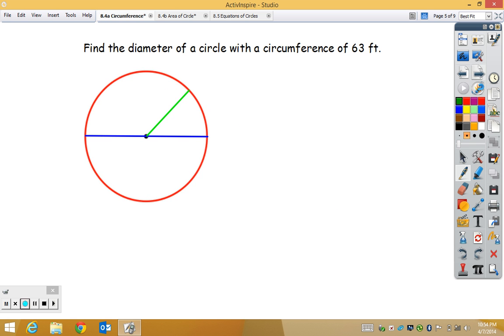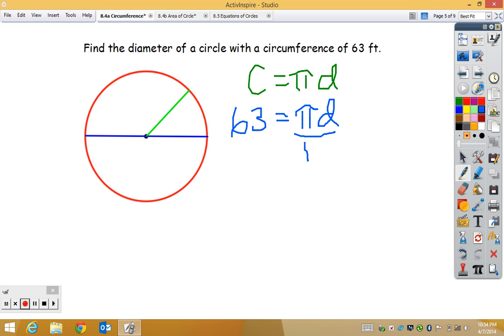Okay, now we're going to work backwards with this next one. We want to find the diameter of a circle when we're given the circumference of it as 63 feet. So again, C equals pi times D. So we plug 63 in for C. To get D by itself, we divide both sides by pi.